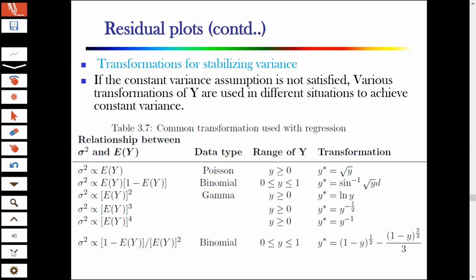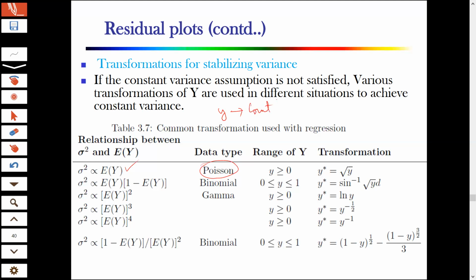If the constant variance assumption is not satisfied, we can transform y in different situations to achieve constant variance. First of all, if sigma squared, that means the error variance, is proportional to the expected value of y, that means the mean, in that case the response variable y is possibly count data.